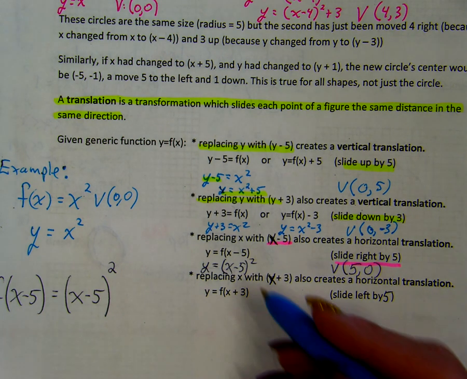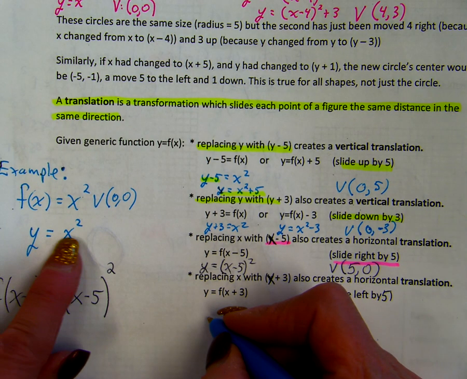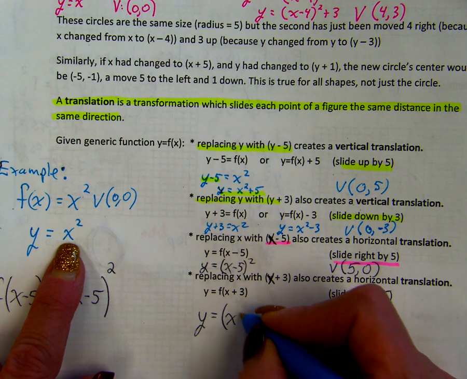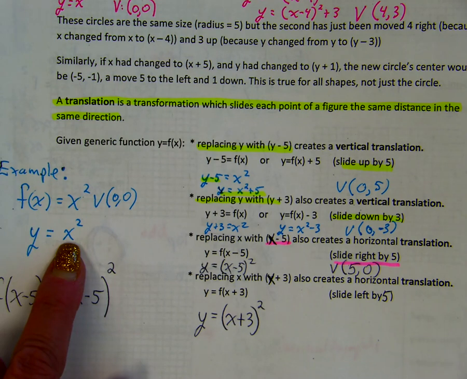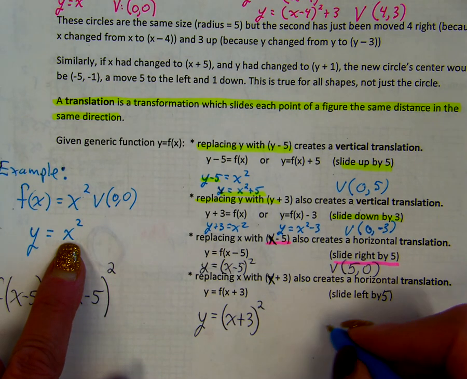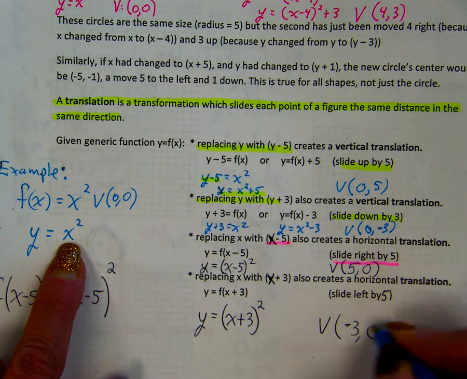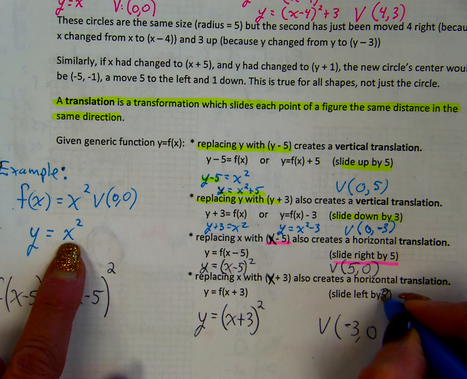And last of all, we're going to replace x with x plus 3. So instead of y equals x squared, we're going to compose it with x plus 3. We're going to get x plus 3 all squared. Which means we've got a vertex at negative 3 and 0, which means we moved it left by 3.